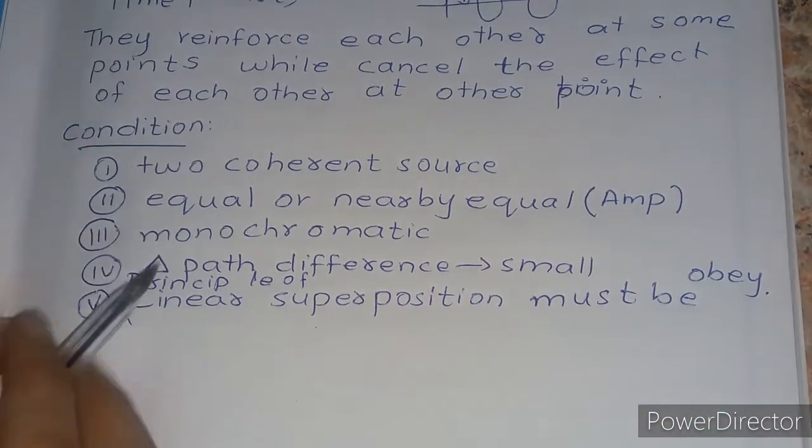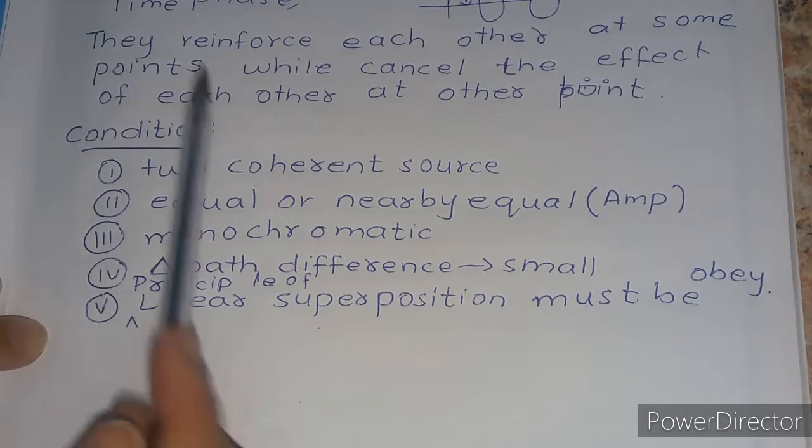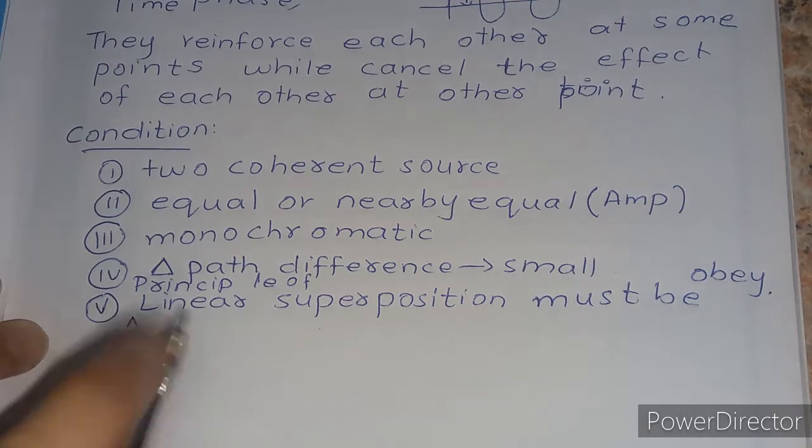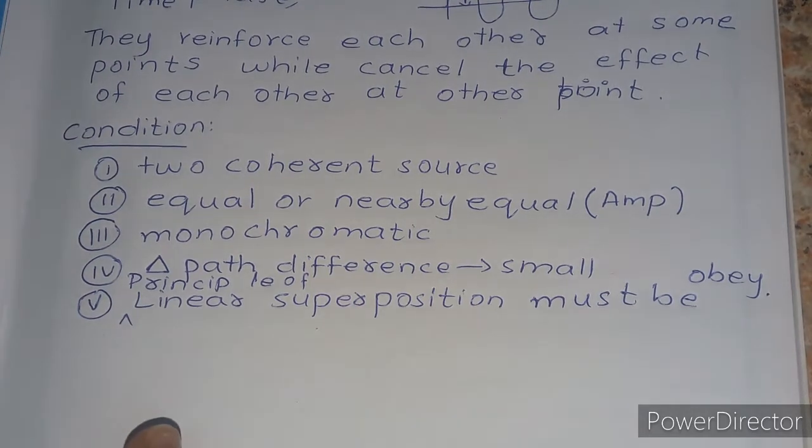So these are the five conditions of interference of light.